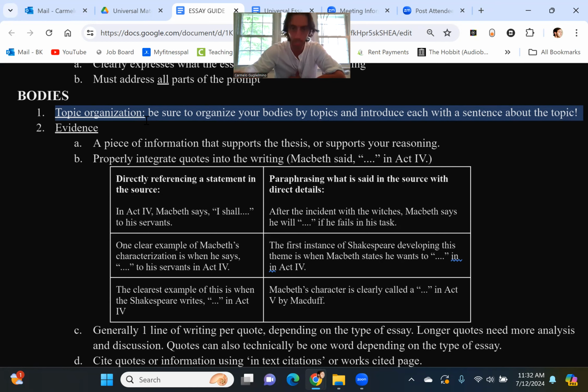I need to be able to look at your essay, see the thesis, and then read your paragraphs and see that there is some rhyme and reason to what they're doing. And if you really are at a loss, especially if you're writing about literature, just fall back on the chronology idea. Give me the order of events in the story and show me examples in chronological order. I accept that as a fair form of organization.